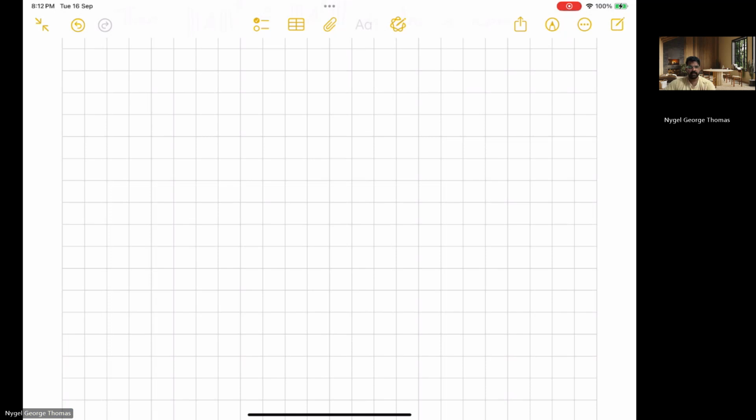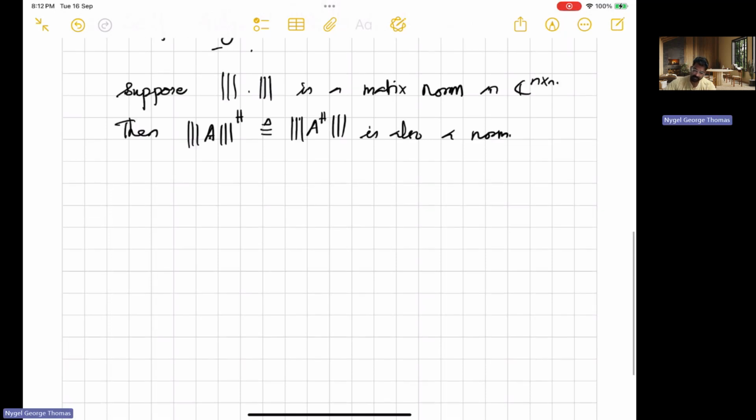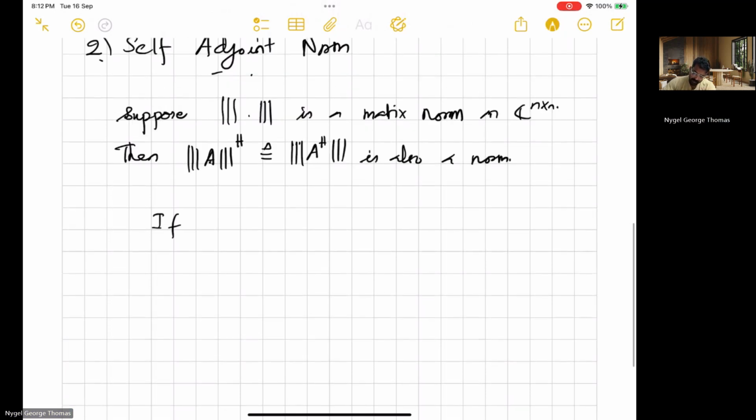And if the norm of A is equal to the norm of A Hermitian, then it is called a self-adjoint norm.